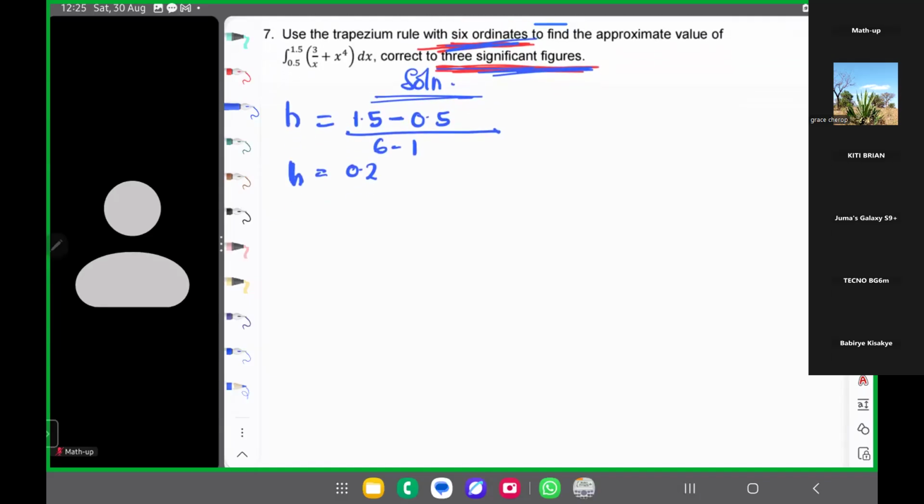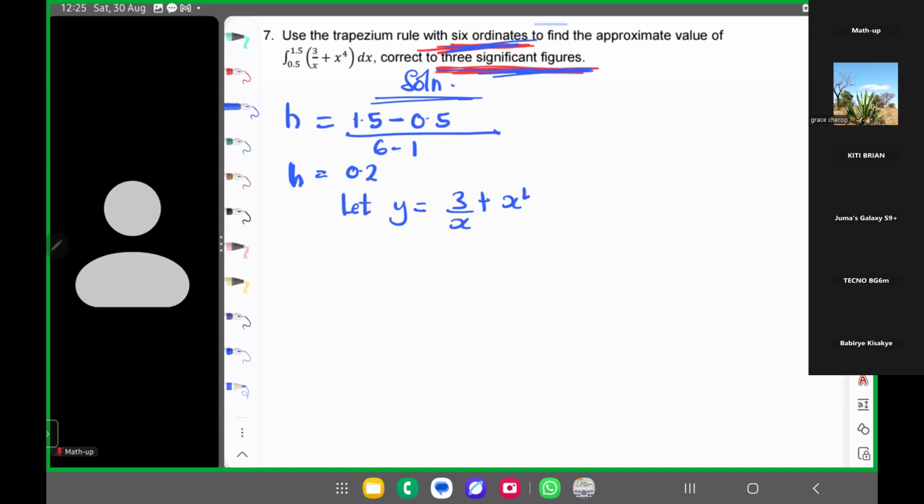Then you are going to draw a table where we shall have x values and the corresponding y values. We can start by letting y be equal to 3 out of x plus x power 4, our integrand.